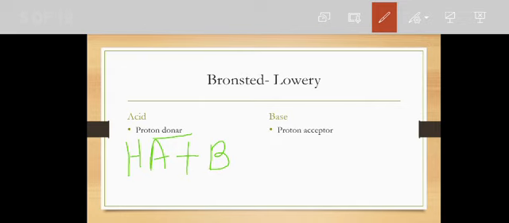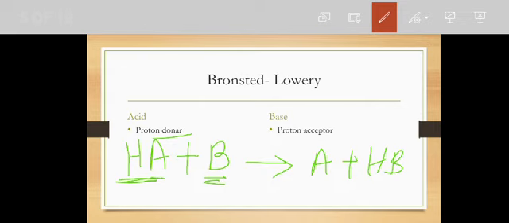So this is a Lowry-Bronsted acid. Why? Because this donates H+ ion. And this is a base. Why? Because this accepts the proton, forming A- and HB+. HA means acid, having a proton, and HA donates the proton.